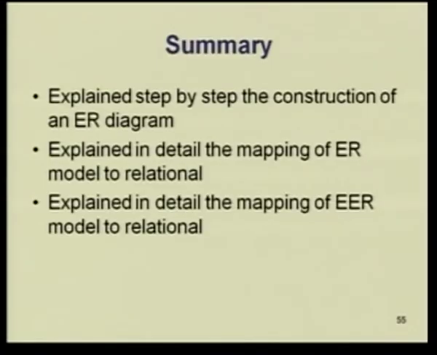In this example we have done the mapping of the ER diagram to relational diagram using the first 7 simple steps, and then we have explained how to map an EER diagram to the relational model. First we spoke about how to convert a strong entity into a relation, weak entity into a relation and so on.